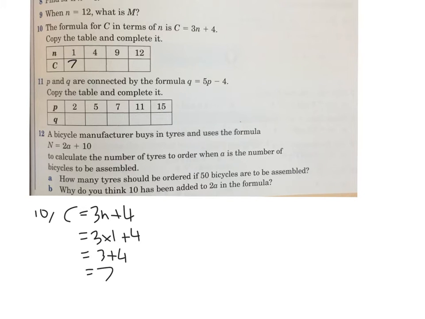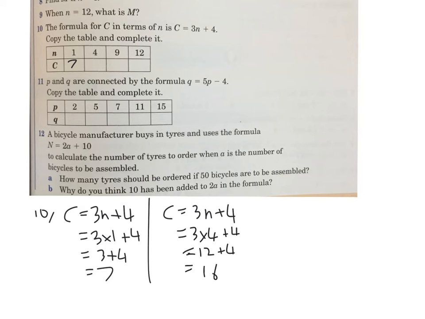So 7 will go into it. The next bit in the table is n is now 4. So if n is 4, what's the value of c? So we write n to be 4, 3 4s, which are 12, plus 4, which is 16.